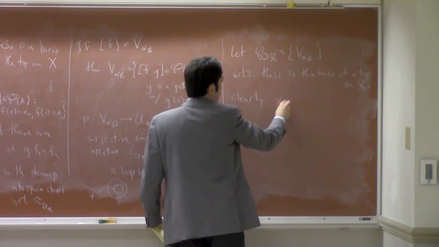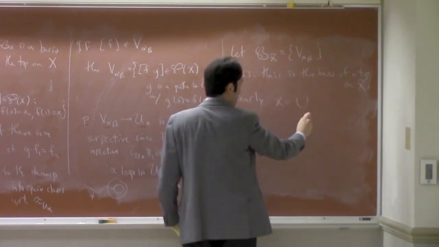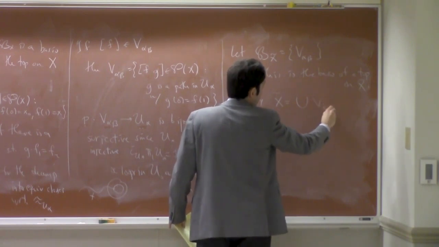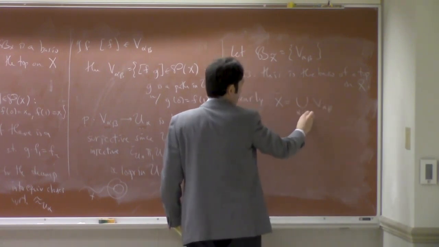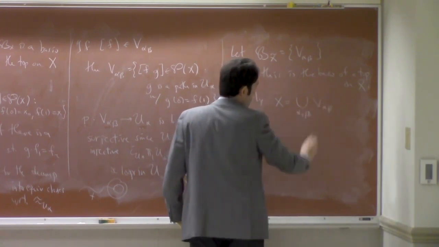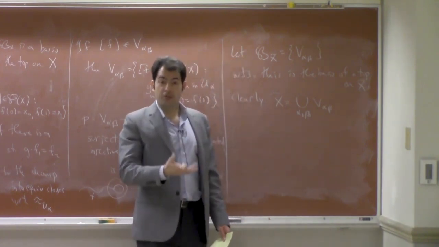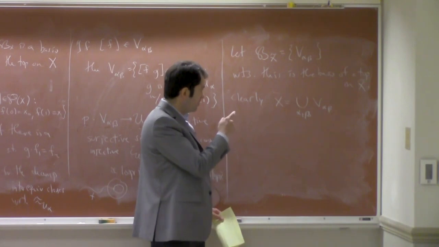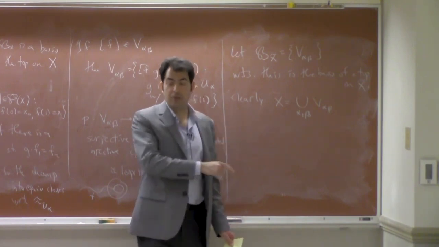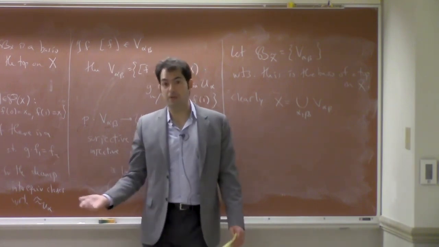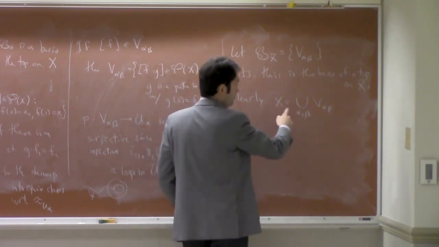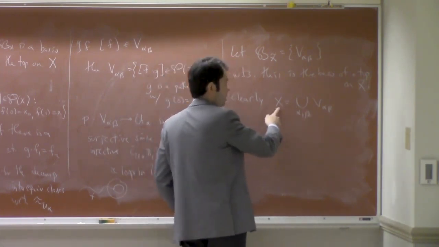So clearly X tilde is equal to the union of V alpha beta, where you take the union over alpha and beta. And that's because the U alphas cover X. And if you take all of the V alpha beta for a given alpha, you get the preimage of U alpha. So this covers all of the preimages of all of the U alphas, so it covers all of X tilde.